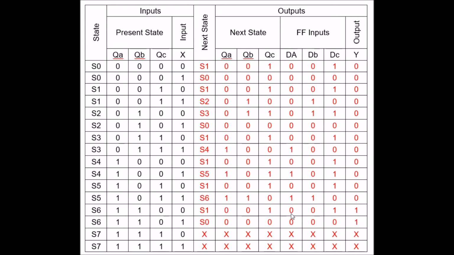So you can see that's what I did. And finally, my output, they're all going to be zeros. Again, this is exactly what I had in the state graph. All zeros, except when I get to my last state, they're ones to show that I have reached the end of my binary sequence.